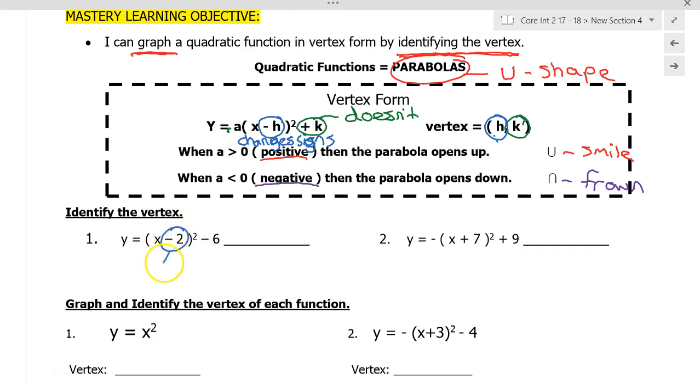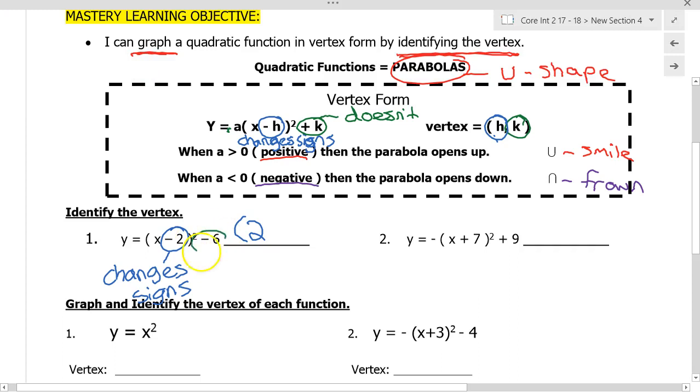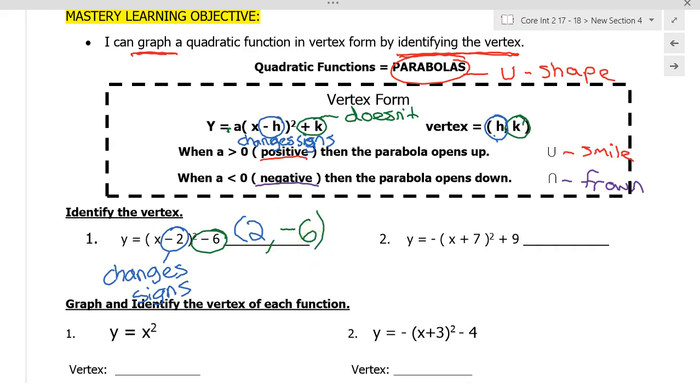Remember, this changes sign, so it's negative 2, and in my vertex it becomes positive 2. Then I have negative 6, which doesn't change sign. That point is my vertex.